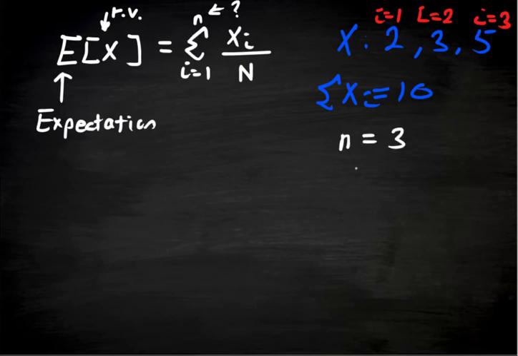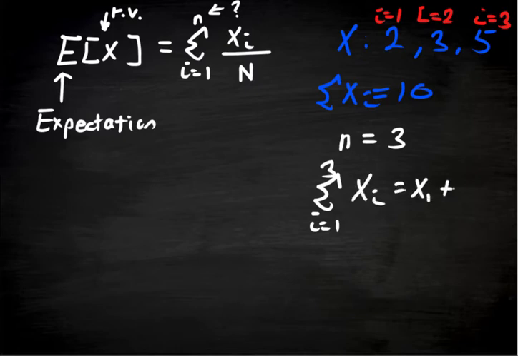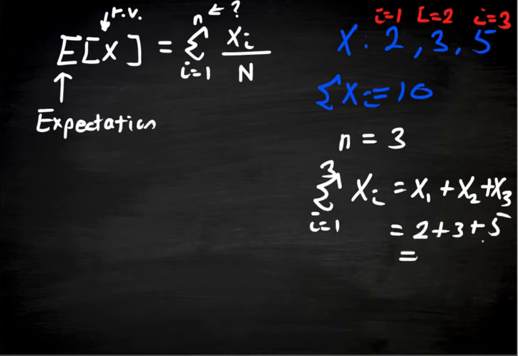So you can see that your sample size gives you the last index of your data. i equals 1 to 3, xi, that's equal to x1 plus x2 plus x3. And so that's equal to 2 plus 3 plus 5, which is once again equal to 10.